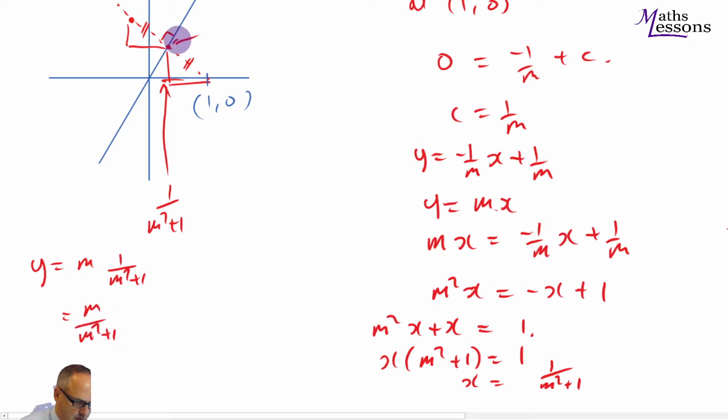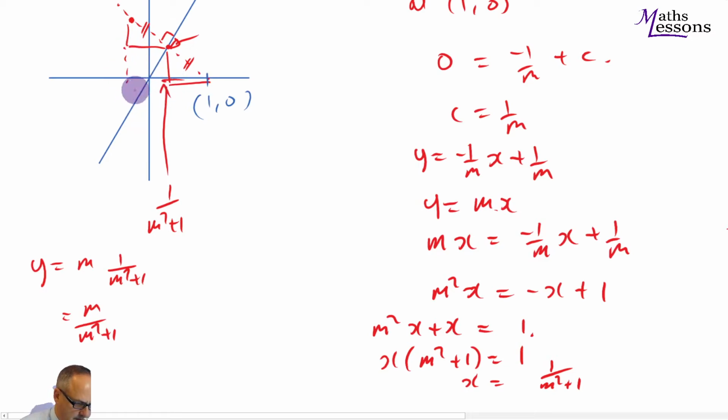So I now have the coordinates of this point. It has an x value of 1 over m squared plus 1 and a y value of m over m squared plus 1. So I can now find this distance, because it's basically going to be 1 minus 2 lots of this. So that gives me the x coordinate here.